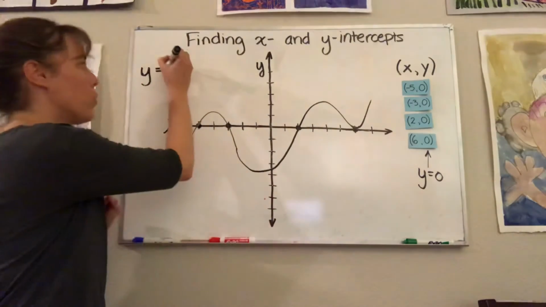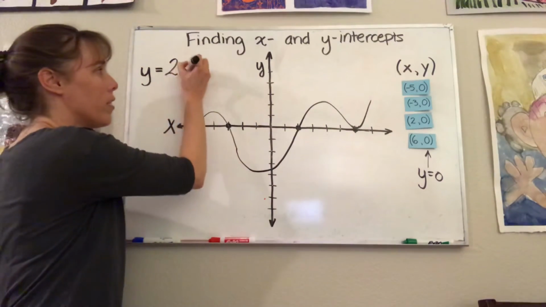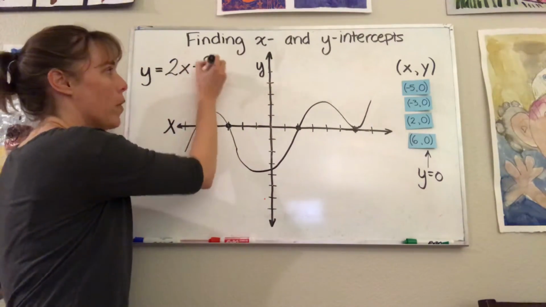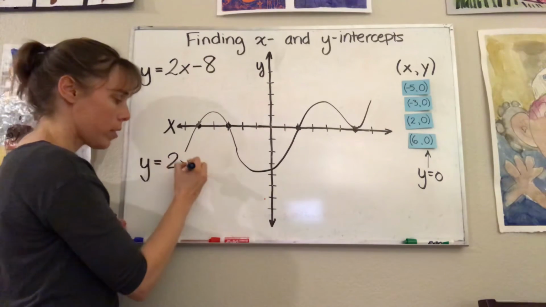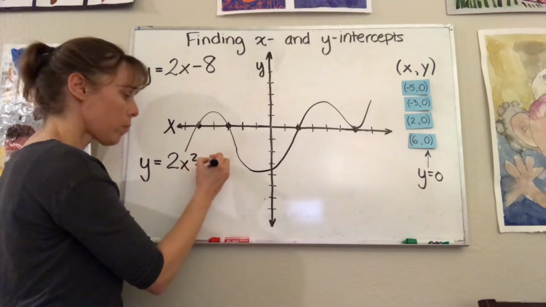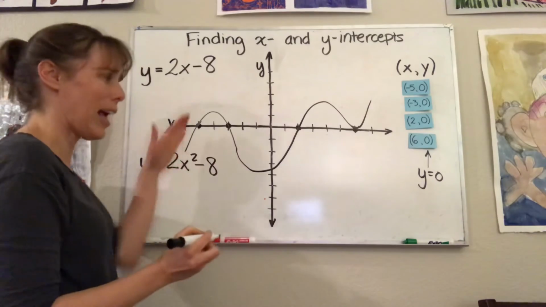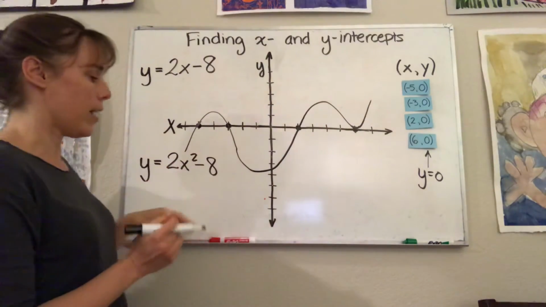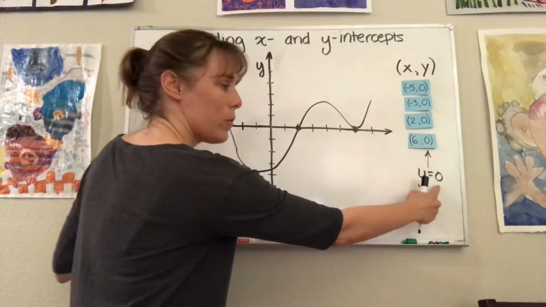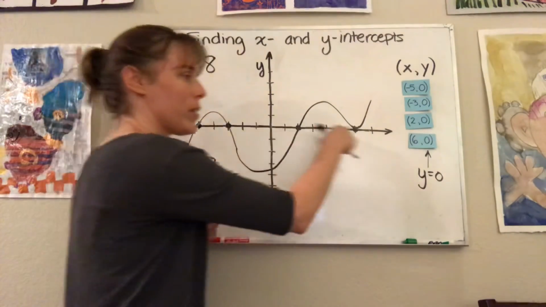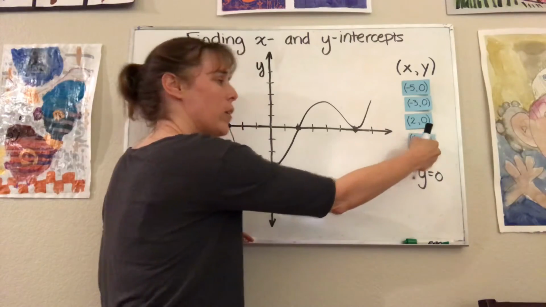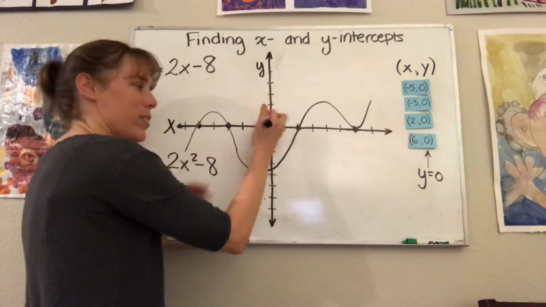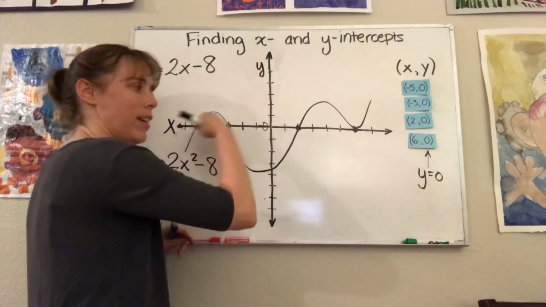If you go look at any equation that you're graphing, whether it's a line, or some kind of quadratic, or even an x to the 5th graph, like this might be, you'll find that the x-intercept has to have a y value of 0, that means it has to have a height of 0. All of these points lie on the x-axis.